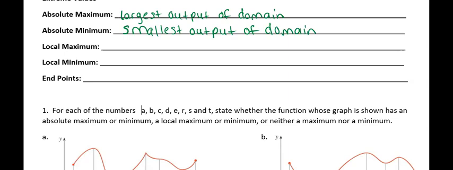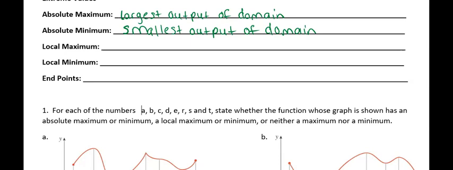The absolute maximum and the absolute minimum are called the extreme values. They're the absolute largest, absolute smallest, so it's the extreme values. Then we can look at the local max and min. What that means is it's the maximum on an interval or it's the minimum on an interval. So the difference is instead of considering the entire domain, you're just considering a portion of the domain.